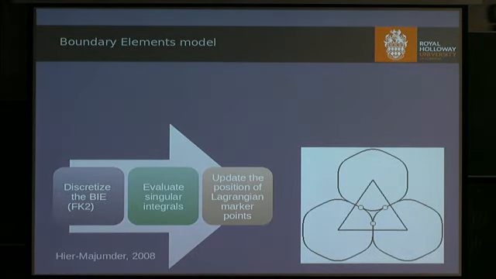Okay. So in the boundary elements model, basically where we do this type of situation where we take these grains. So this is my 2008 paper, where we take the equations and we turn them into a boundary integral equation. So this is how our mass and momentum conservation equations taken together look.